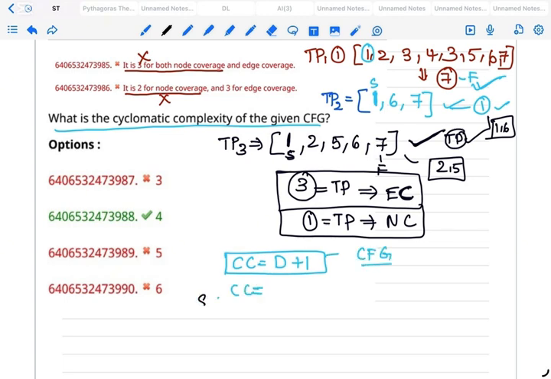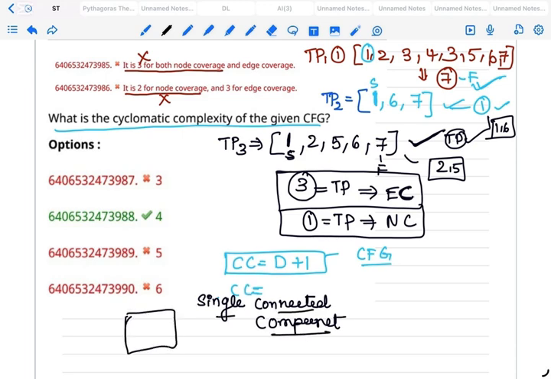Otherwise, in a single connected component, that is, the entire control flow graph is in only one component. If there are 2 components, both are connected to each other.